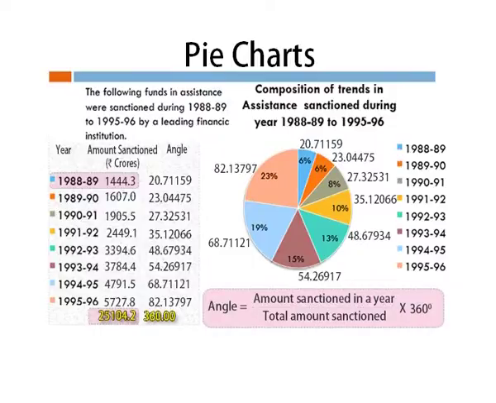For example, for the year 1988-89, the amount sanctioned in the year is 1444.3 crores, whereas the total amount sanctioned in all these years is 25,104.2 crores. So, this is divided by this, and when we multiply it by 360 degrees, it gives the figure presented in the last column, that is 20.71 degrees.